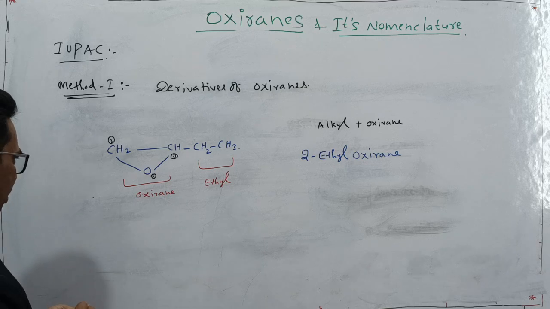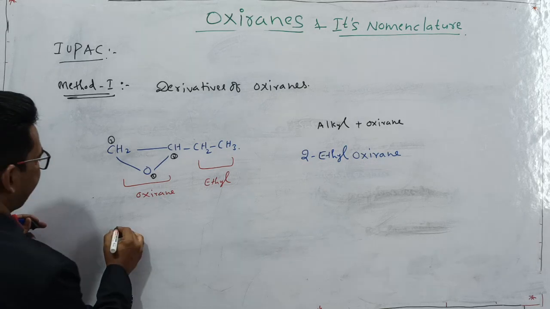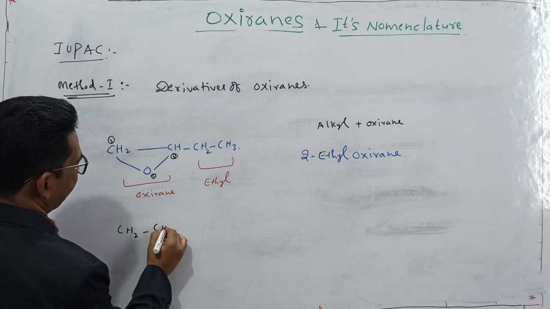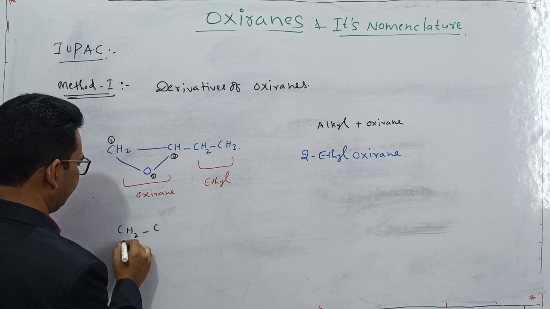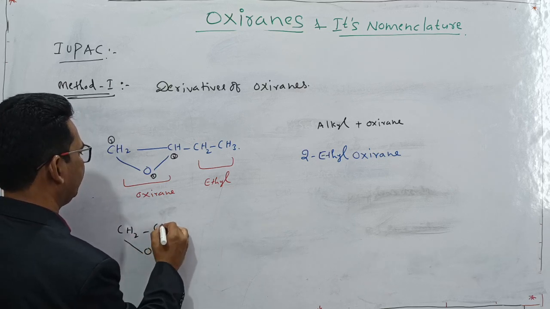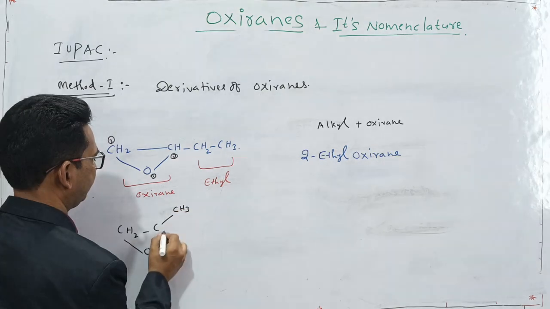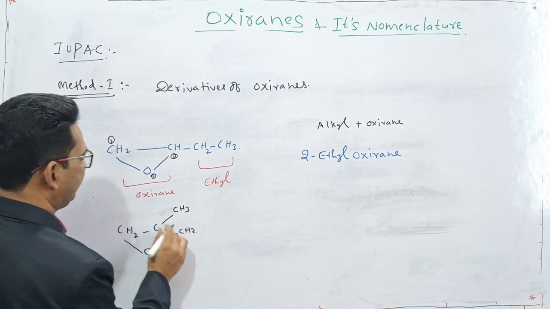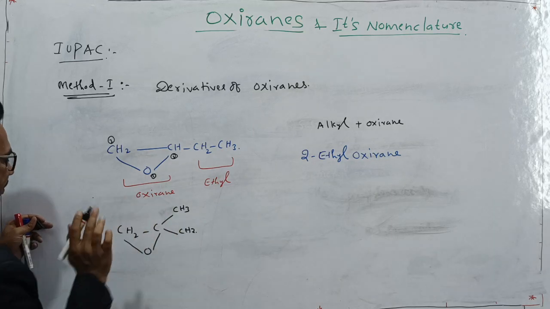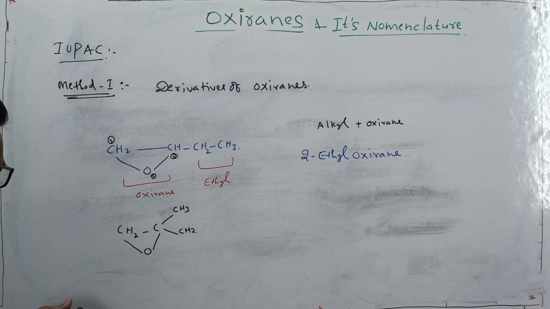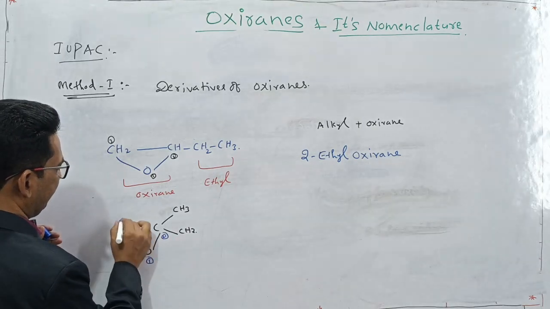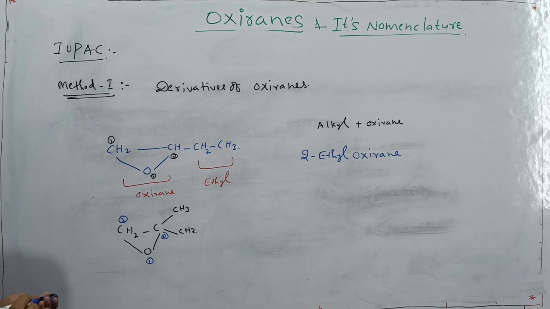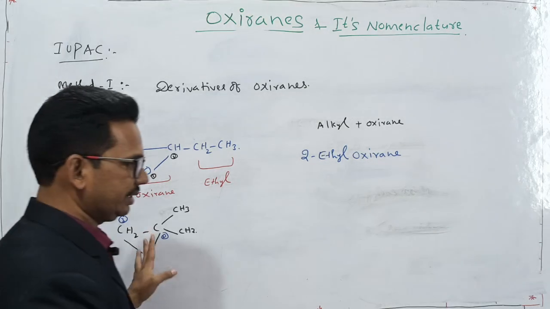Or another example I will give for this one. See, carbon valency 4. 1 2 3 4. Now see how we are going to give the name for this. Numbering is the same: first oxygen, second this, third this. Always the heteroatom gets the first position because it is the heteroatom.